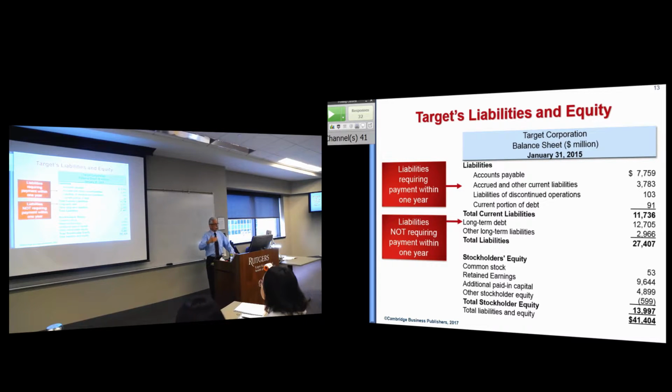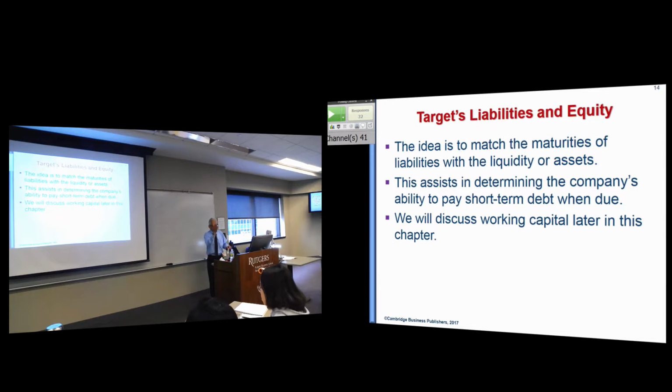So since Target started its operations, from the very day it started, those are its retained earnings. All of its net income, minus its losses, minus any dividends, that is the balance of that account over time.